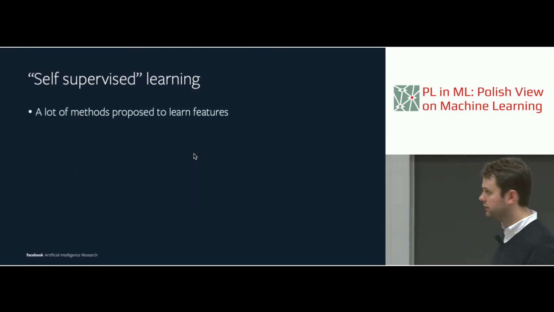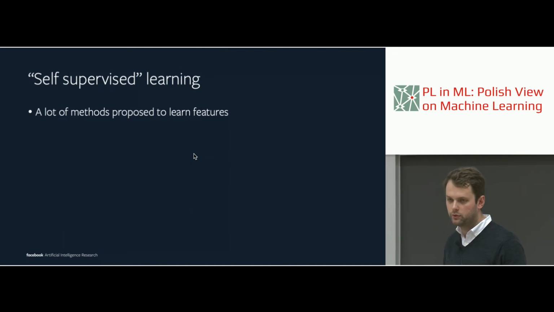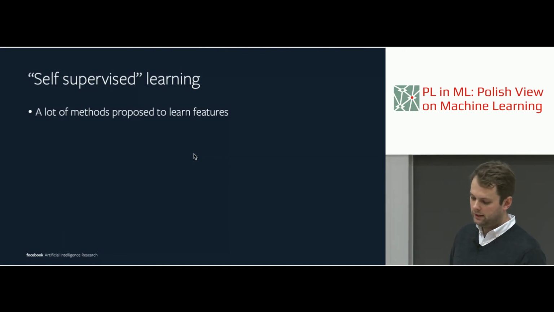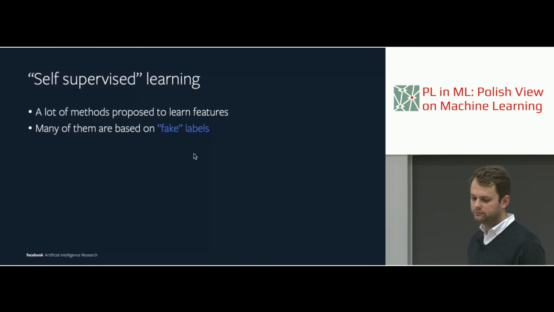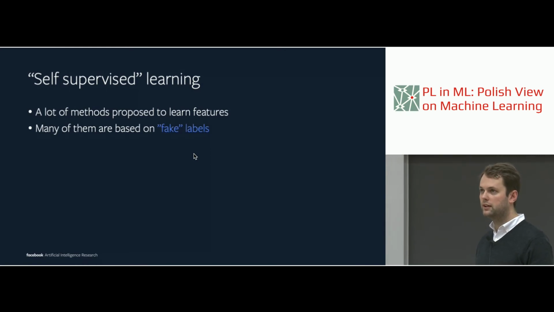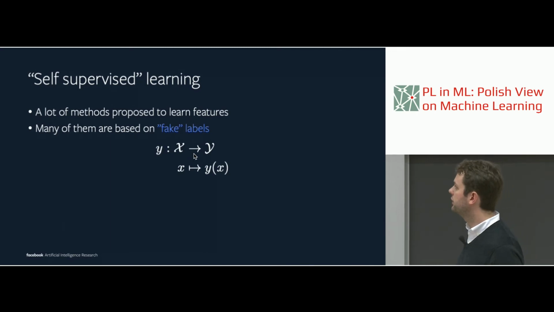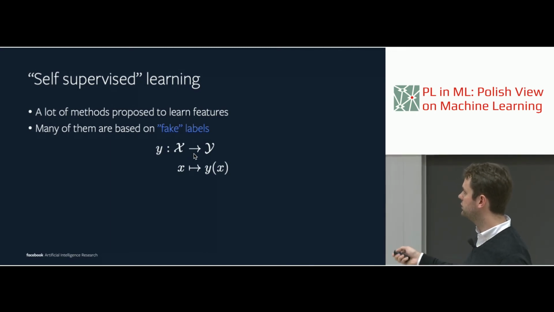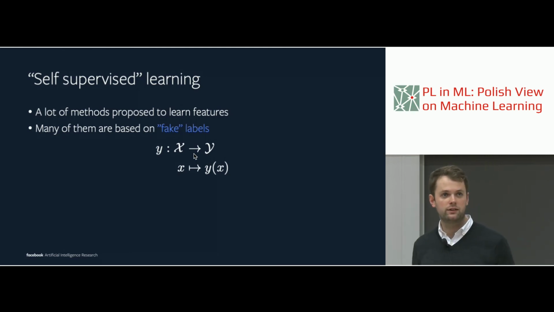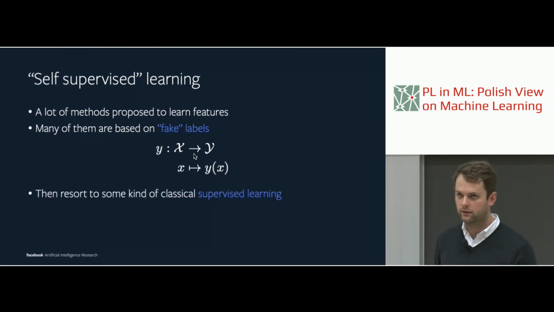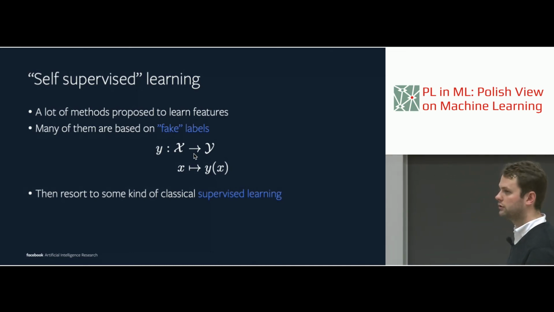Quite a lot of interesting methods were proposed to learn features, and they rely on the idea of faking up labels. Given data, you come up with a heuristic which, given an image, gives you fake labels. Once you have these fake labels, you're back in your comfort zone, supervised learning.